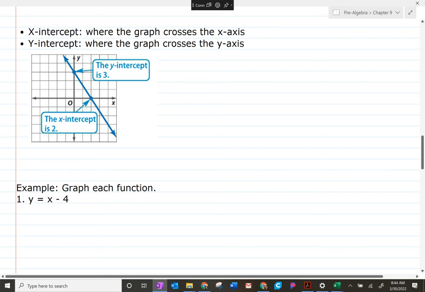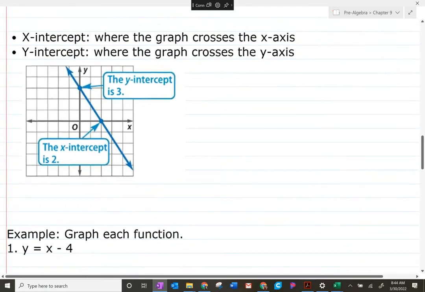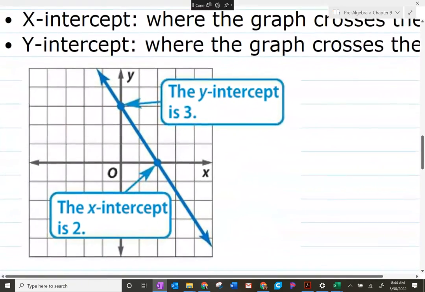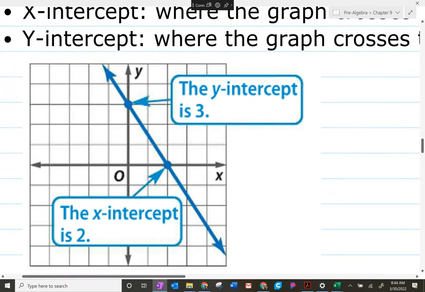So for these ones here, it's going to be very similar to what we've done before, but we're going to do 2 things. I'm going to really look at this one here. I'm going to zoom in super close. X-intercept, y-intercept.